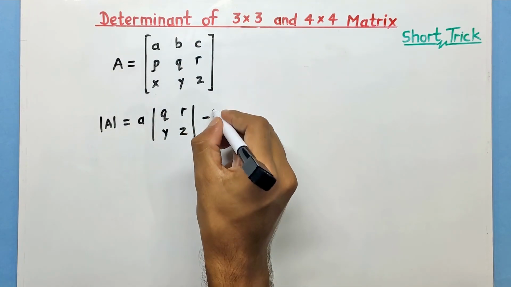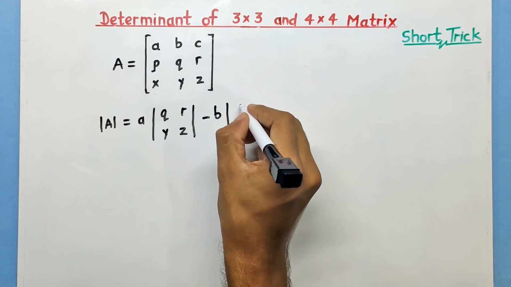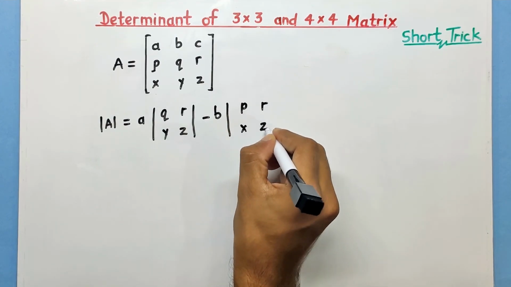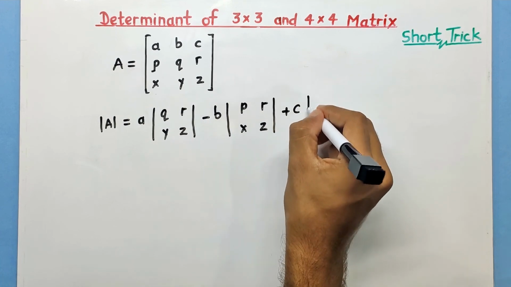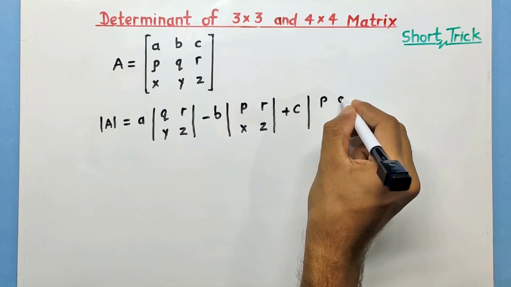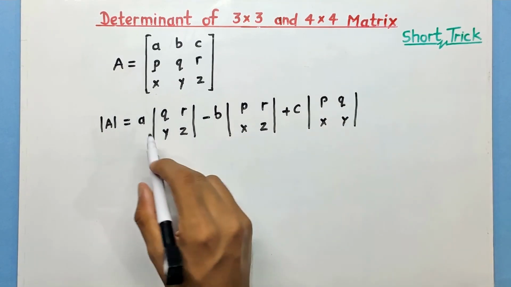minus b with this determinant, p, r, x, z, plus c times this determinant. Let's solve this determinant.